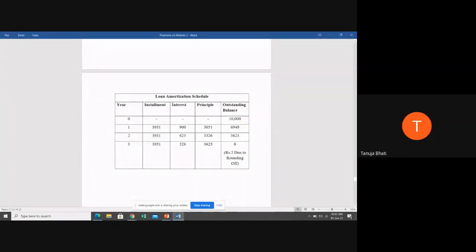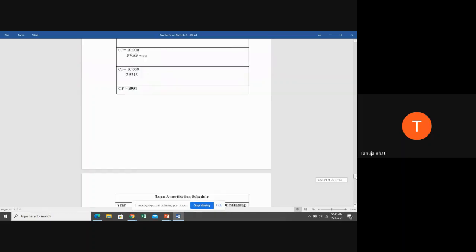Now, how do we calculate interest? I have told you, interest is always calculated on the outstanding balance, because on the remaining amount that you have to pay to the bank, the bank is going to charge you interest. So let us see what the rate of interest given in the problem is.